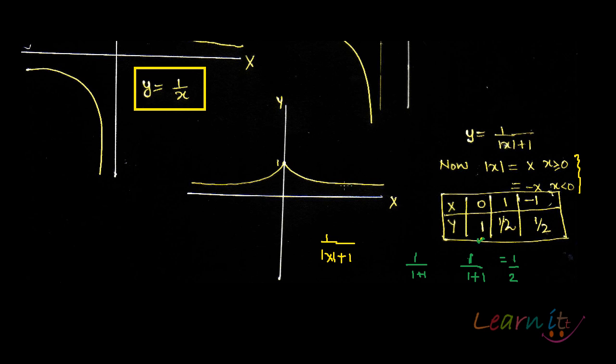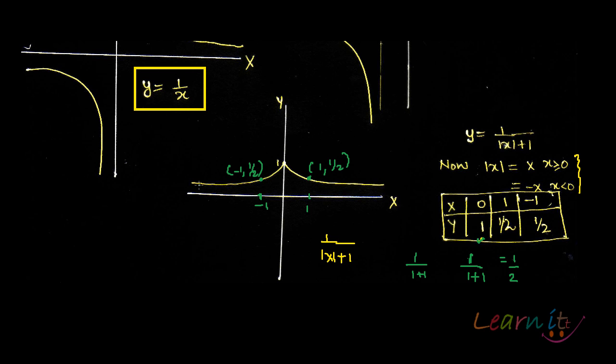The bigger the x becomes, the smaller the y becomes, but the values on negative and positive sides will be the same. Say this is 1, this is -1, the functional value is still half. So this point is 1/2, this point is -1/2. The functional values will be the same for positive and negative x's, and it will go like this.